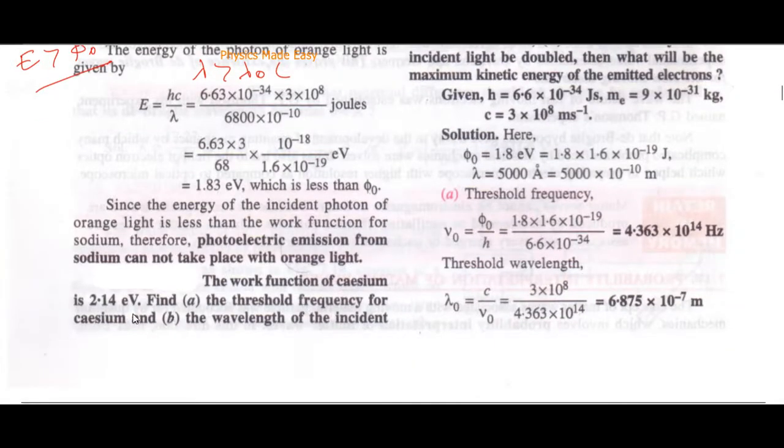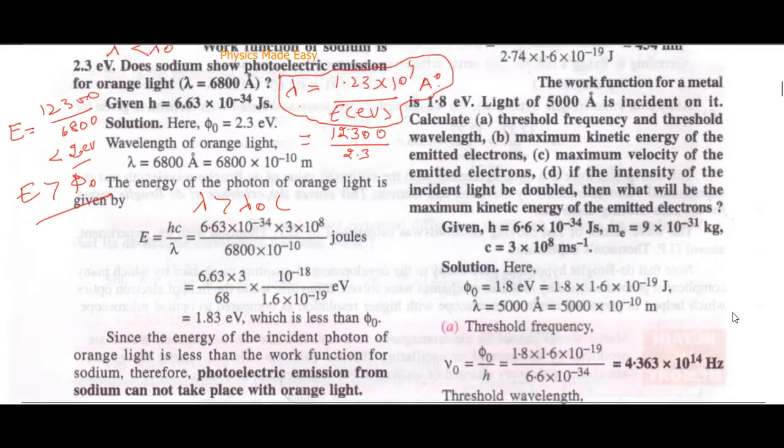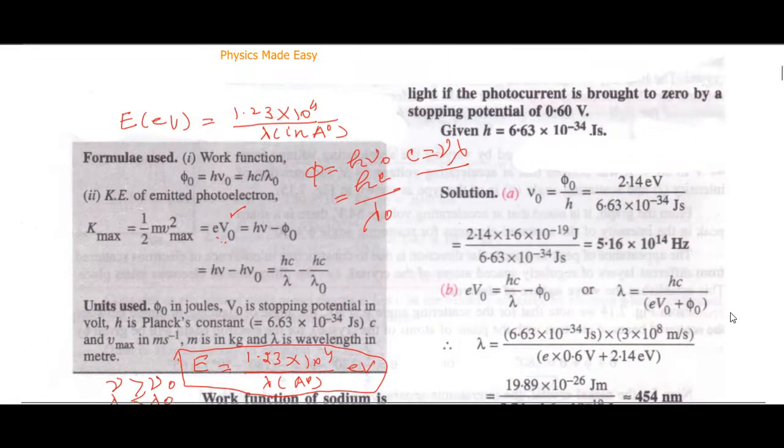The work function of cesium is given. Find the threshold frequency for cesium, and the wavelength of incident light if the photocurrent is to be brought to zero by a stopping potential.